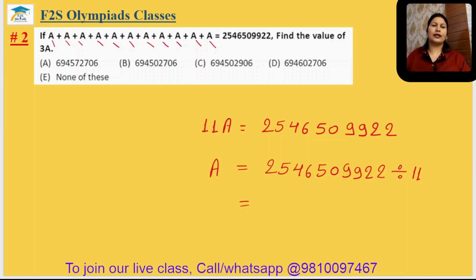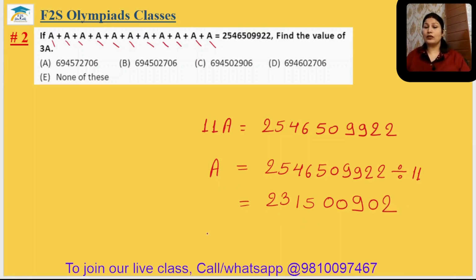So you will get the quotient as 2315, 00902. This is equal to A.